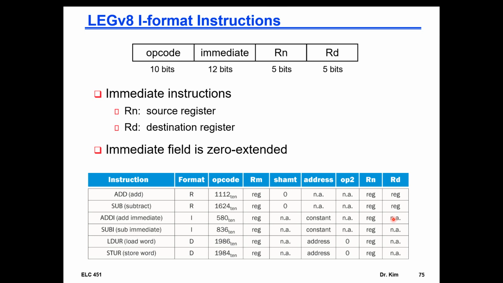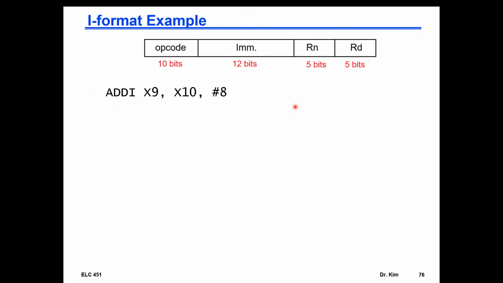Finally, an example of the I format, where we have 2 registers, a destination, a source, and an immediate field. And we can have an example of add immediate. So we're going to add the constant 8 to the contents of register 10 and put the result in register 9.